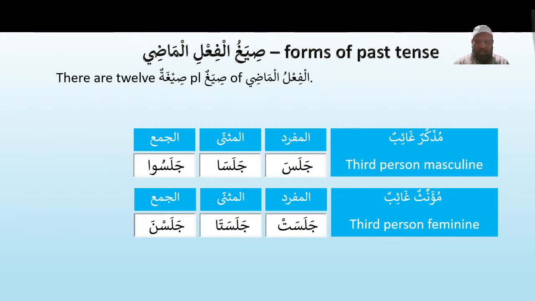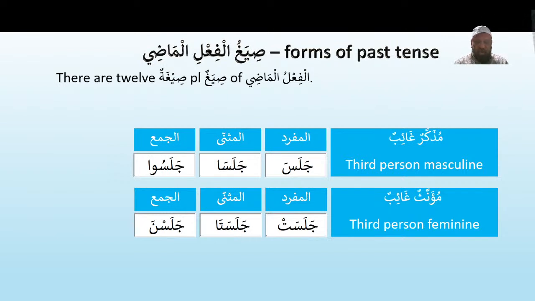So jalasa. To make it al-muthanna, add alif al-ithnain: jalasa. To make it jama, add waw al-jama'a: jalasu. The feminine form, jalasat. To make it muthanna, add the alif al-ithnain: jalasata.